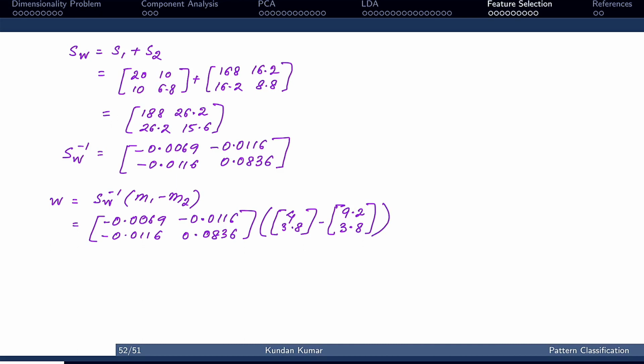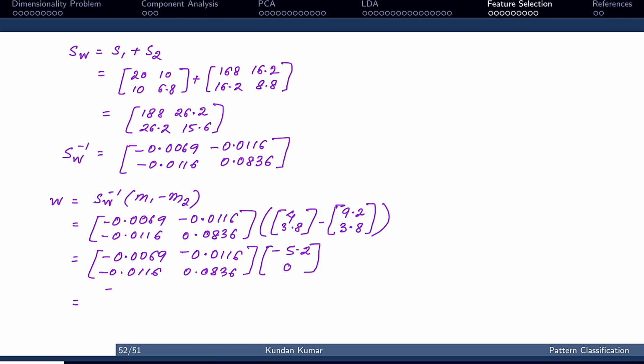Then we can solve this matrix multiplication. It will be 0.036.